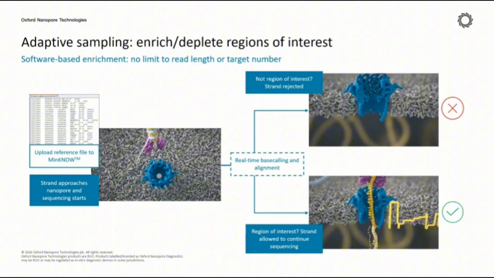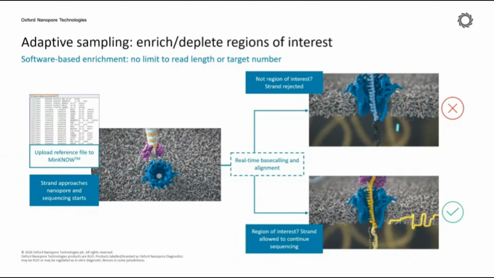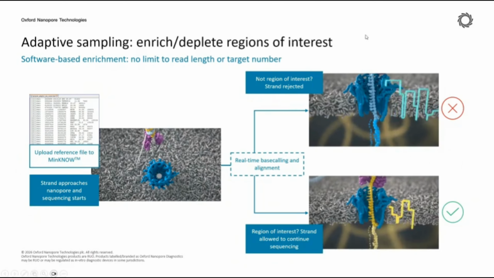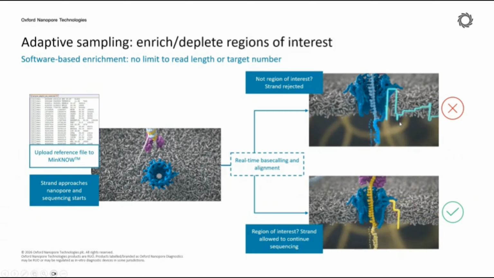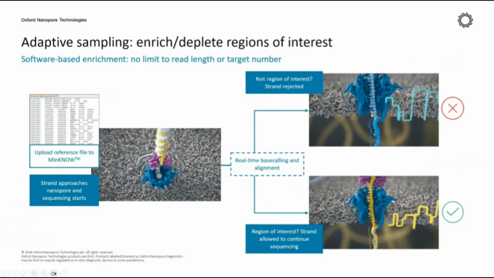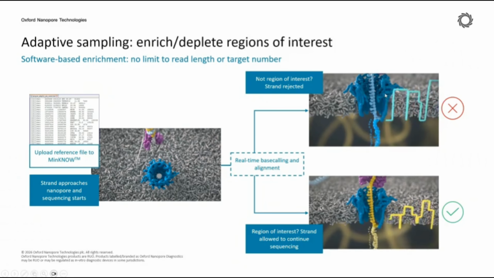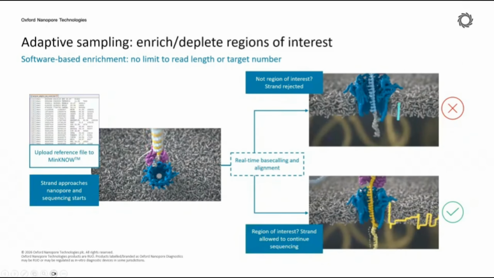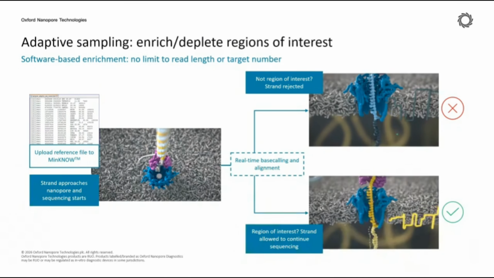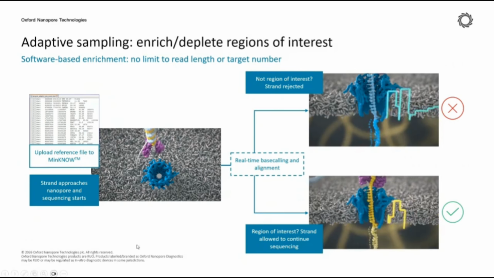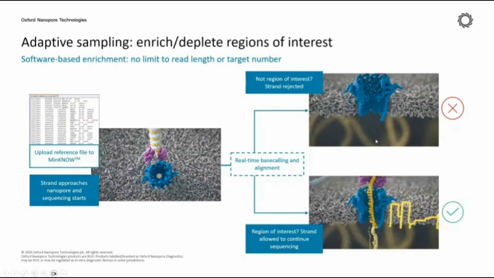The software will control whether a nanopore is sequencing the molecules or regions that we want. If it is not a region of interest, the software will send signals to the nanopore so that the DNA molecule will be ejected, or rejected, from the sequencing process. If the DNA molecule passing through the nanopore is the right one that we want, then the sequencing will continue. This is a very unique way to do targeted sequencing using nanopore sequencing.